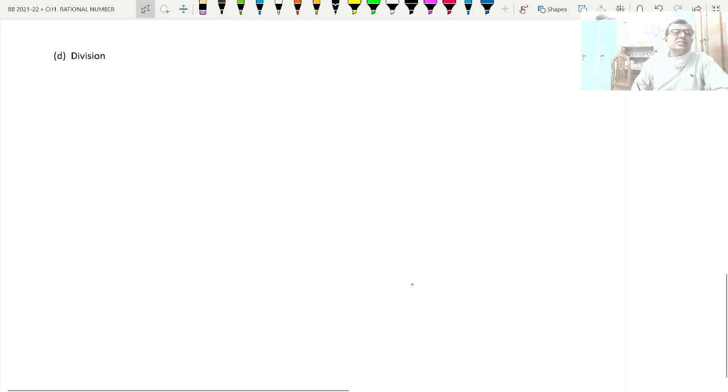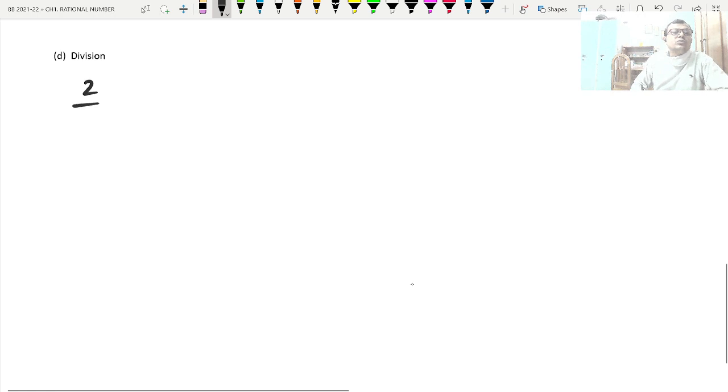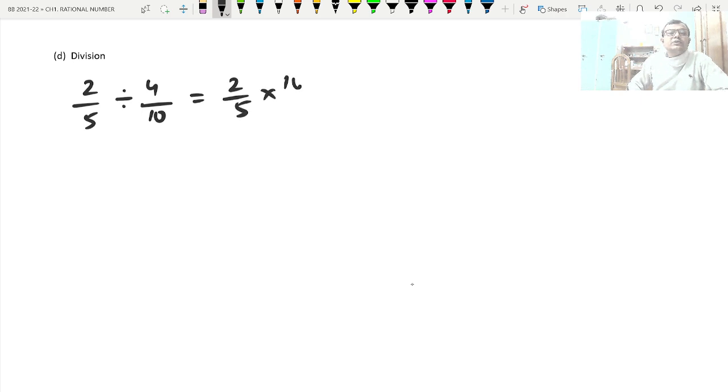Let us see what happens in case of division. Let us take 2 by 5 divided by 4 by 10, suppose. This will be 2 by 5 into 10 by 4.